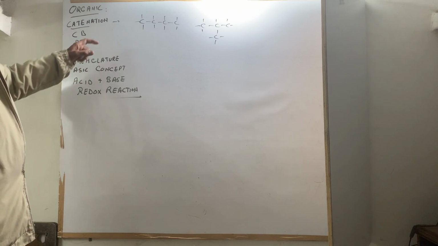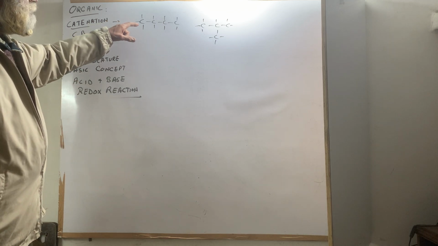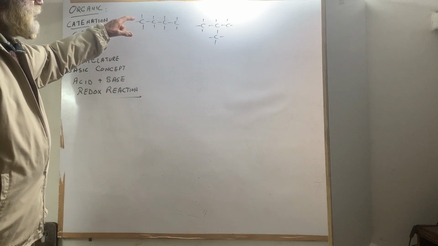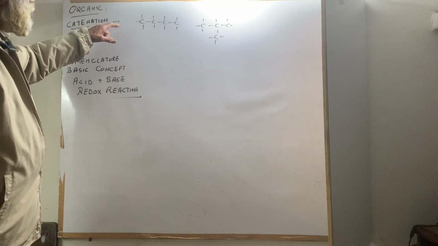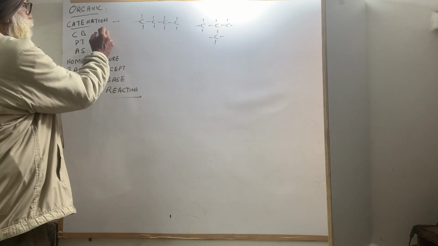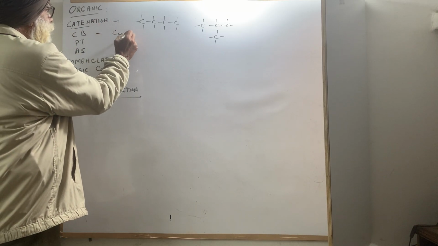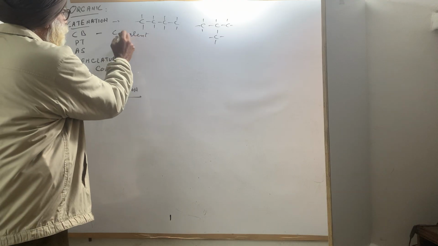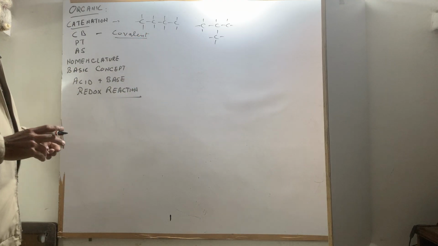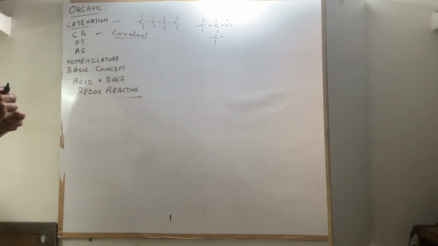Now, when carbon combines with carbon, which type of bond does it make? It is a covalent bond. So this is from chemical bonding. A covalent bond is formed by mutual sharing of electrons, this is the Lewis concept.